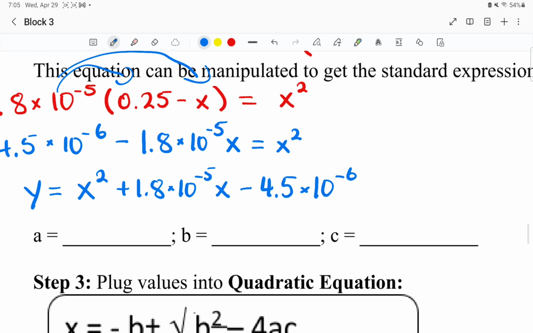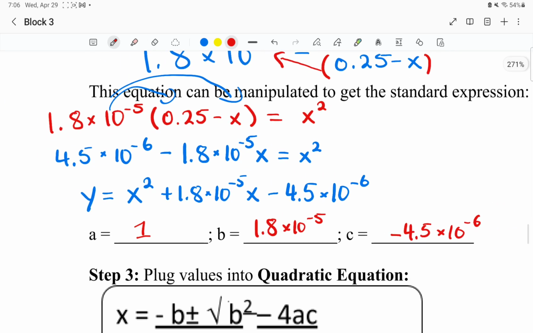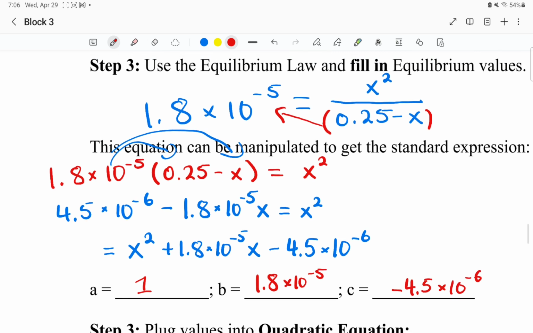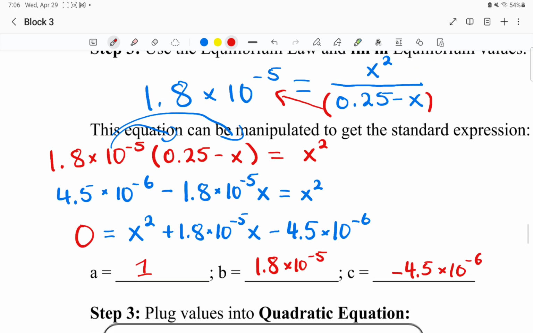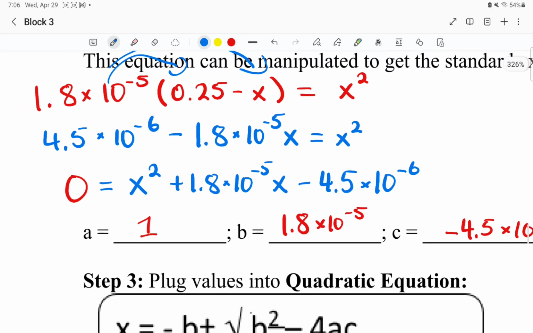So your a value is 1, your b is 1.8 times 10 to the negative 5, and your c is negative 4.5 times 10 to the negative 6. And it shouldn't be a y, this should really be 0. Now you can just plug this into your calculator.